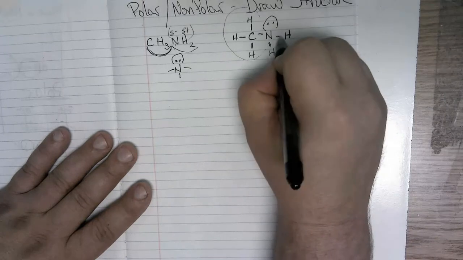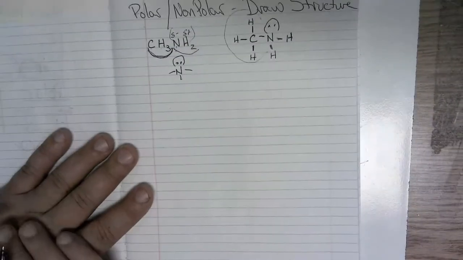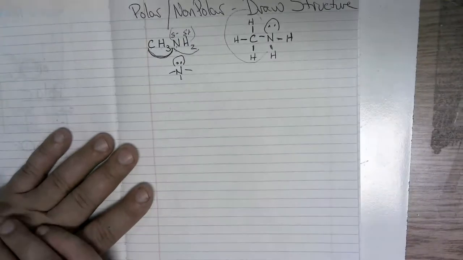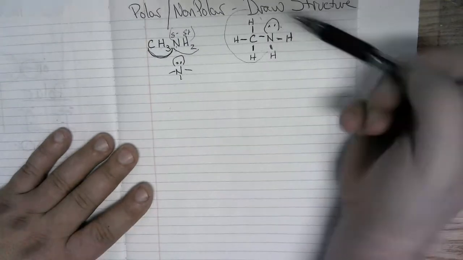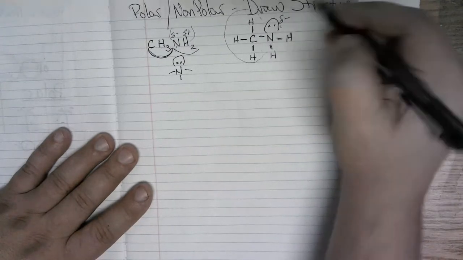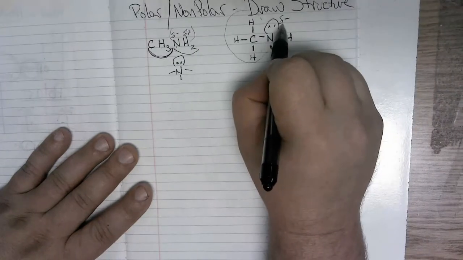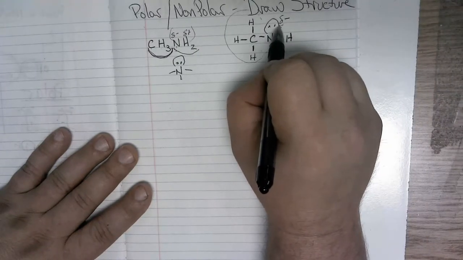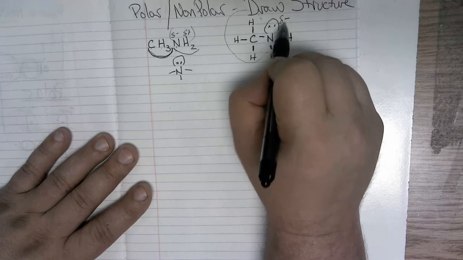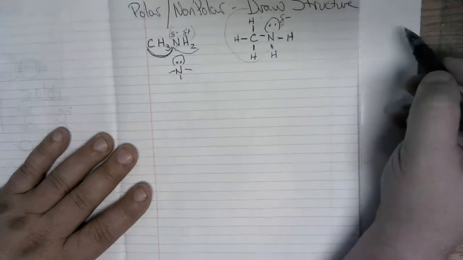Okay? So, how do I know this is polar? There's a lone pair. That guy's going to be partially negative. I keep drawing this little curvy D, and it's the delta, which means partial negative.